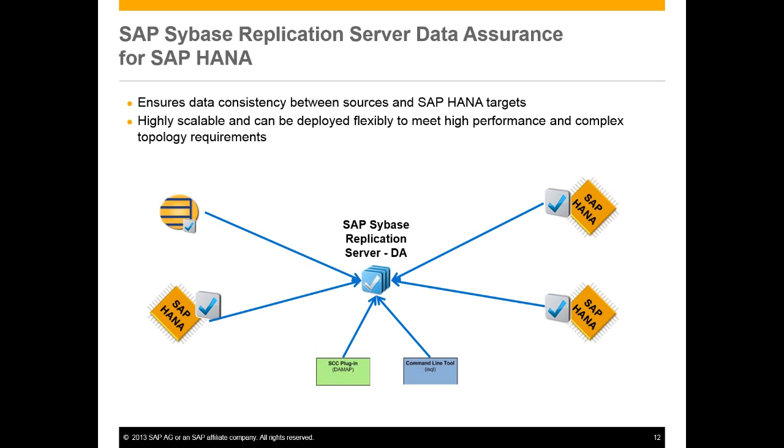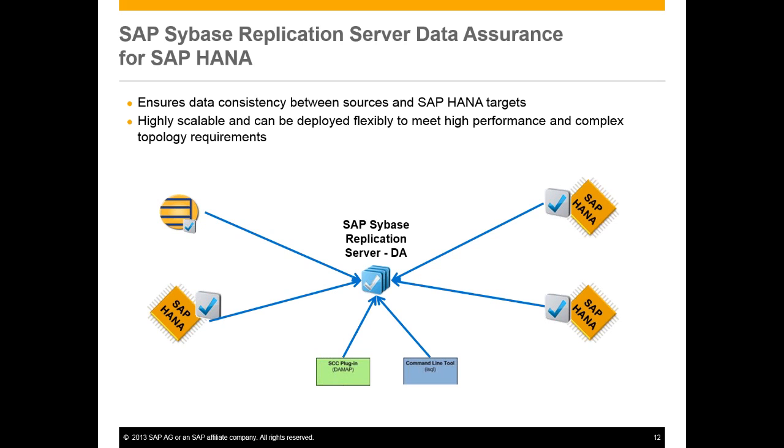Or if you like scripts, you can log into data assurance and use the command line tool as well. So it's a very flexible way of doing the database comparison. More importantly, it provides a report if there's any discrepancy. If there's no discrepancy, it will tell you that the data is consistent between source and target, and it also generates the SQL statements if there's any discrepancy, so you can make the correction.